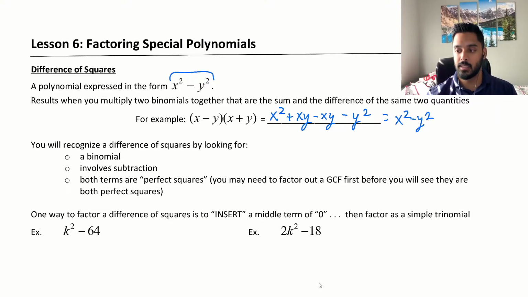So we'll take a look at a few of these, and one way to factor a difference of squares is to insert a middle term of 0. So remember that there's always a middle term here because this is k squared minus 64. There's no term with a coefficient of k. Technically that's plus 0k. So we'll do this two ways to figure out what the pattern is, and then we'll factor it as a simple trinomial.